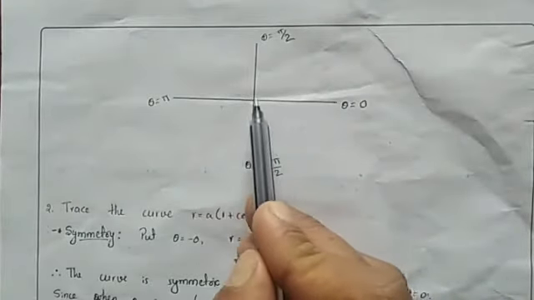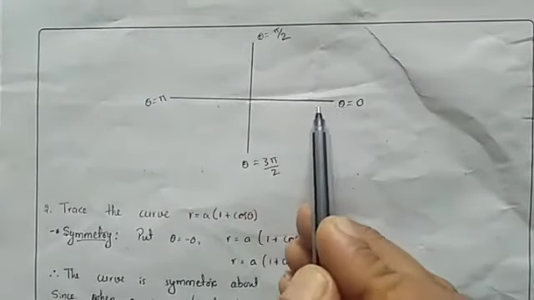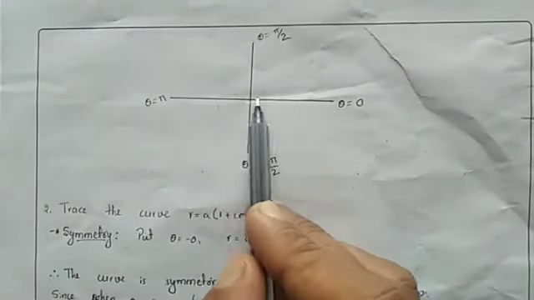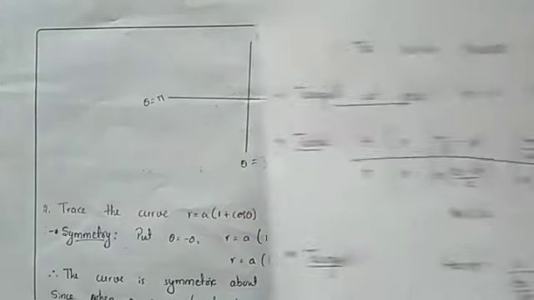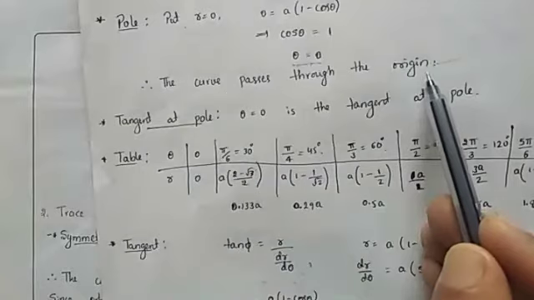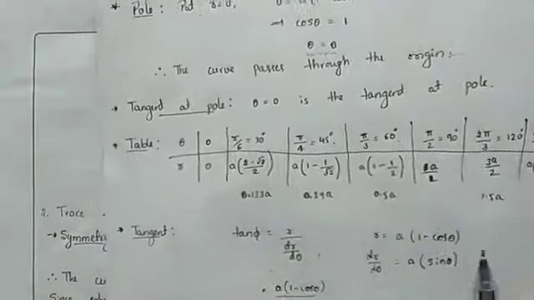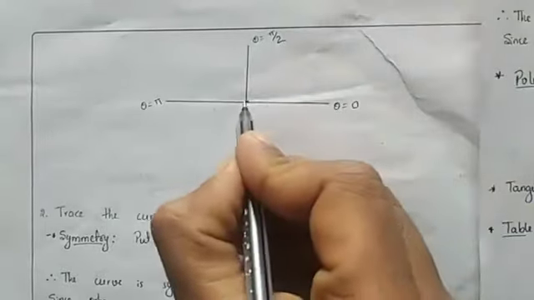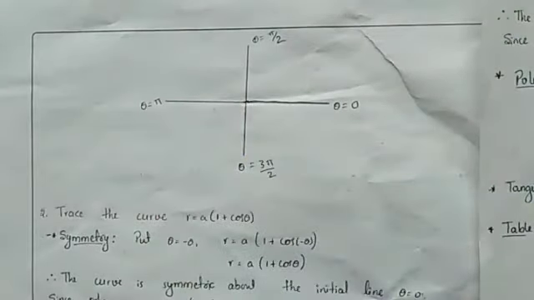Theta is equal to 0 line is nothing but the x-axis. In the x-axis, the curve is symmetric. The next point is the curve passes through the origin, and theta is equal to 0 is the tangent at the pole.